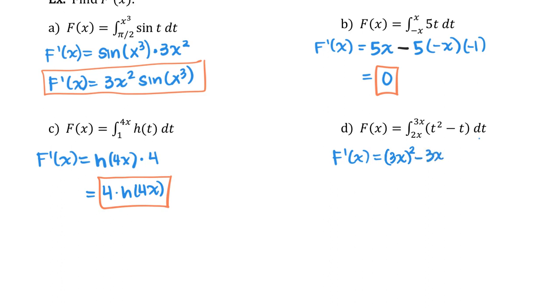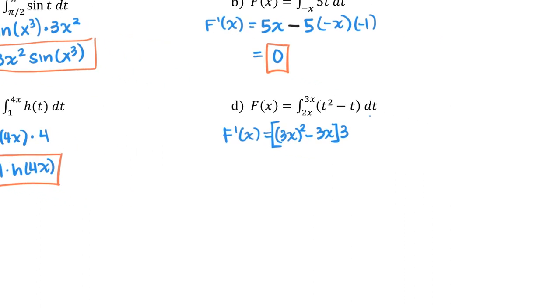But then the derivative of 3x is 3. So let me times this by 3. And then I'm going to subtract because there's a variable in the lower limit. Let me plug in 2x. So I have 2x squared minus 2x, and then the derivative of 2x is 2.